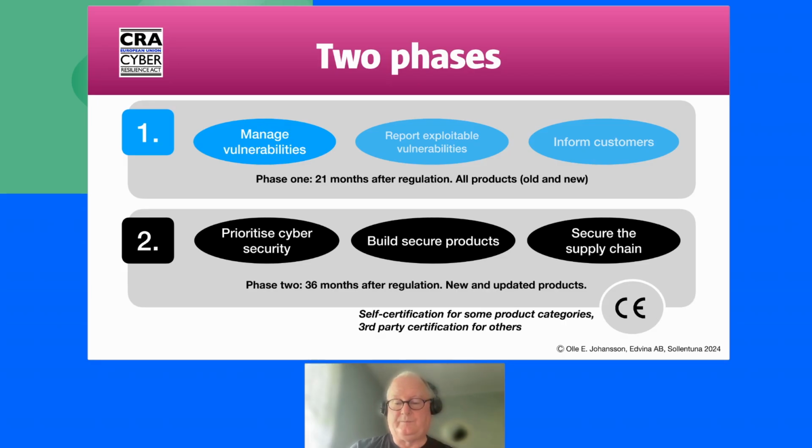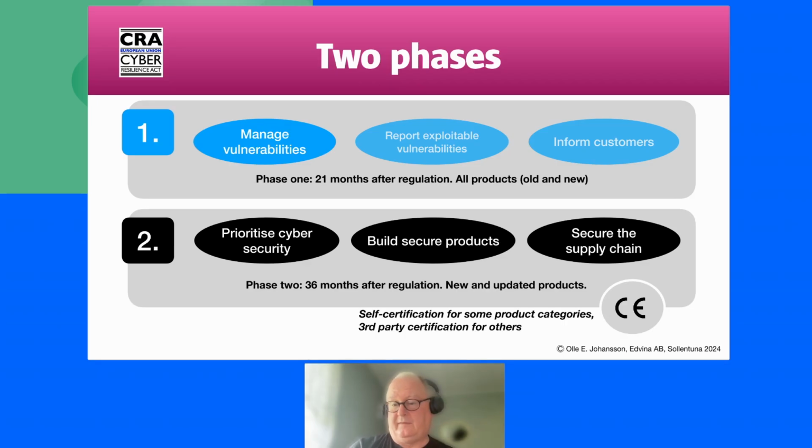Phase 2 is the full CRA. And that will apply to all new products launched on the market, but also products that receive a significant update. If you add functionality to a product and continue selling it, the whole product, even the old parts of the code, has to be CE compatible, CRA compatible.